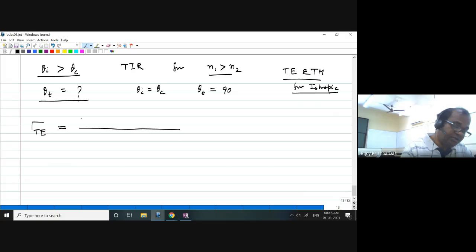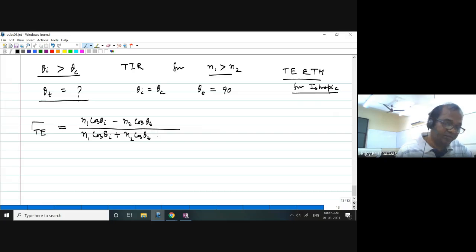Let us repeat the expression once more for completeness: n1 cos theta i minus n2 cos theta t, over n1 cos theta i plus n2 cos theta t, right?